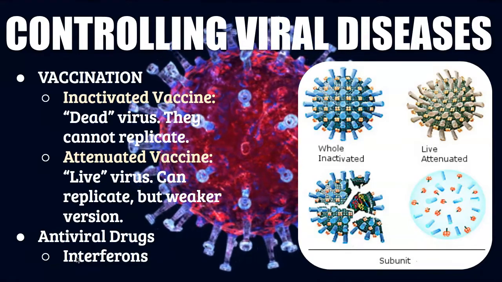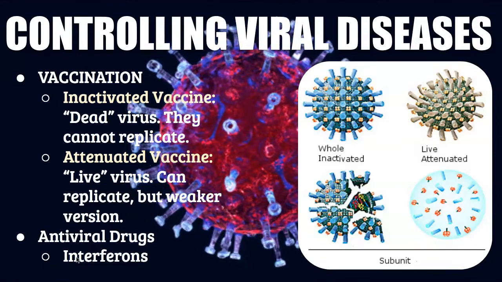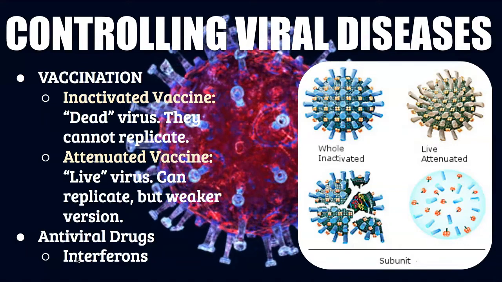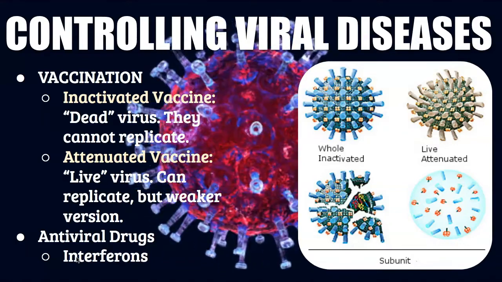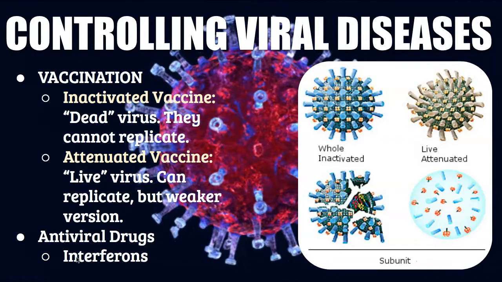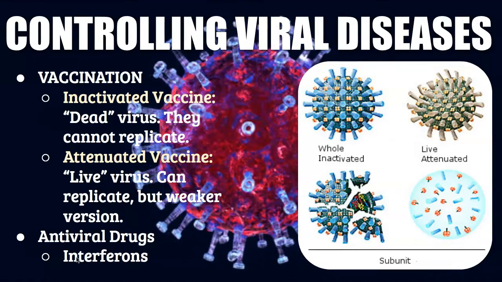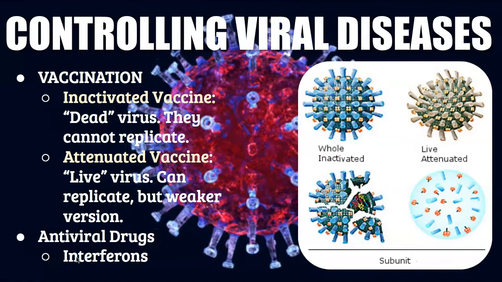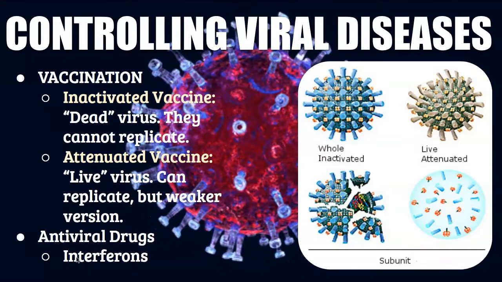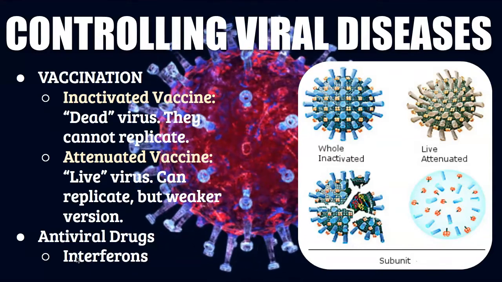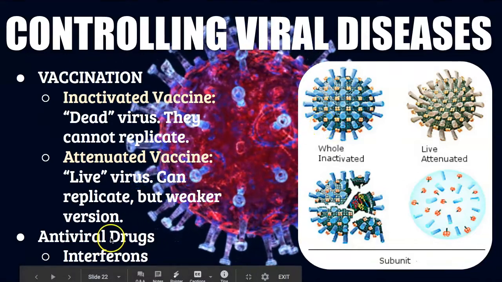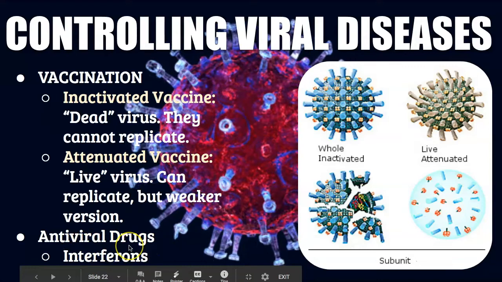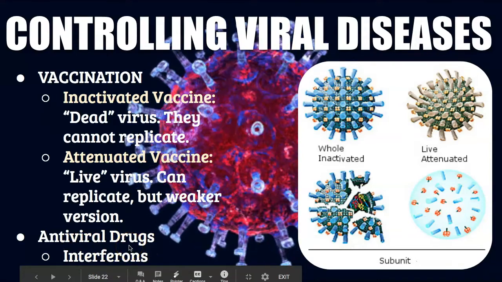Long story short, when you get a virus, your body's going to naturally make interferons. It's going to check out the DNA of these viruses, and it's going to code to make certain types of proteins that will hinder the virus from being able to replicate inside the cell. In other words, it won't be able to reproduce inside your body because your body has made these little drugs that inhibit it from doing so.